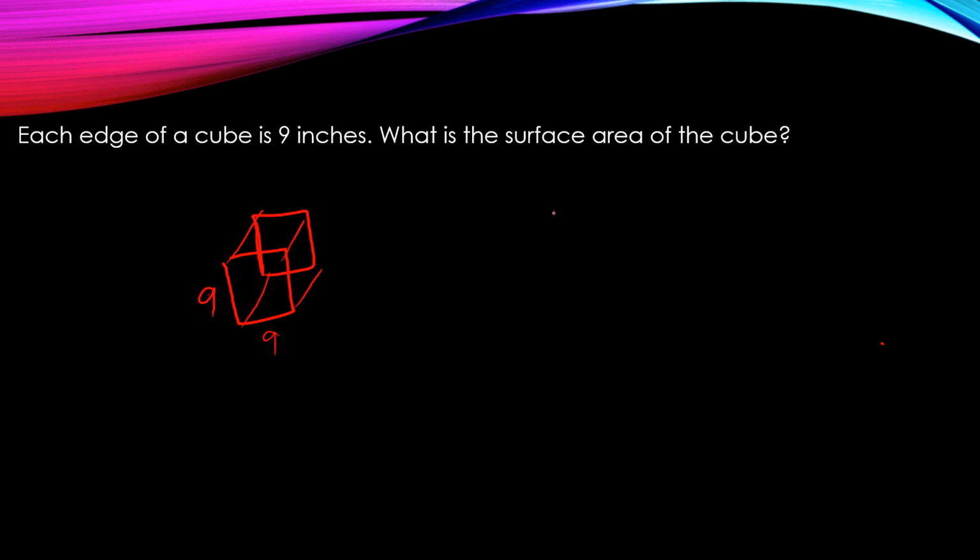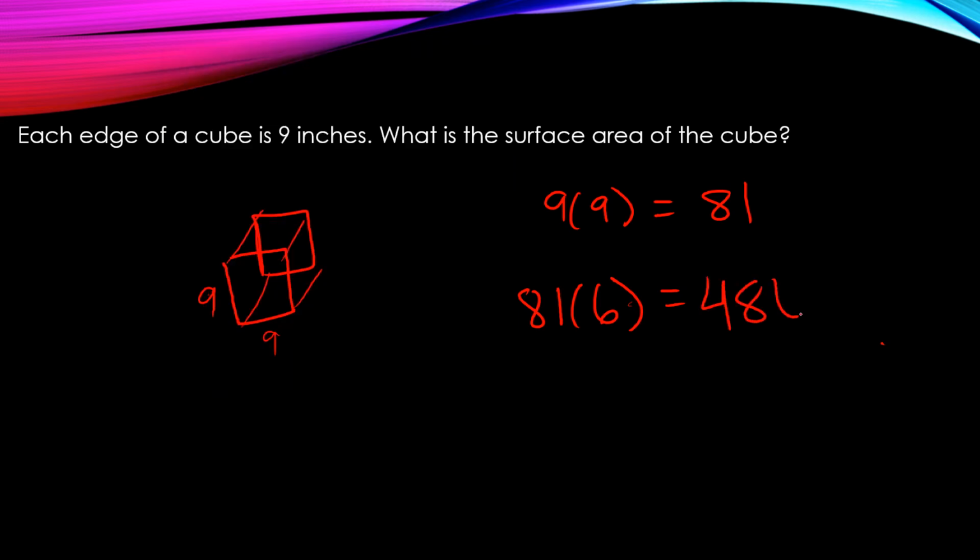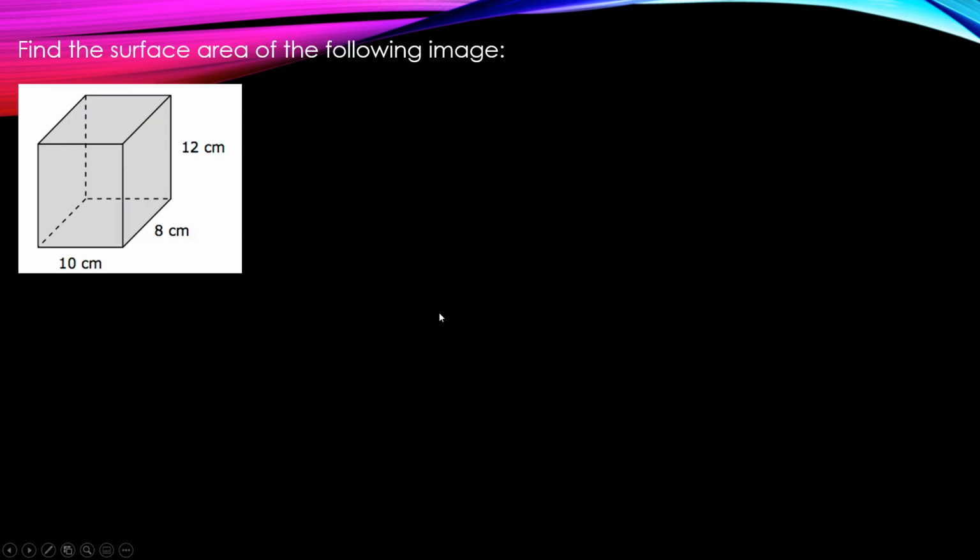So if I find the area of one of my sides, so 9 times 9, then I take that surface area and multiply it by 6, because that is how many surfaces there are. That will give me my surface area. So if I do 81 times 6, I get 486, which is my surface area here.